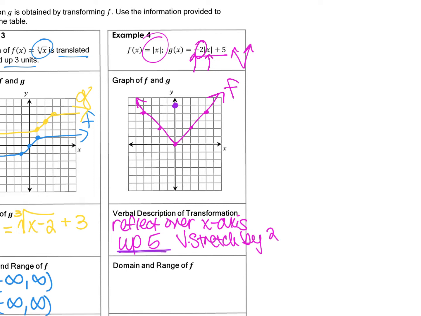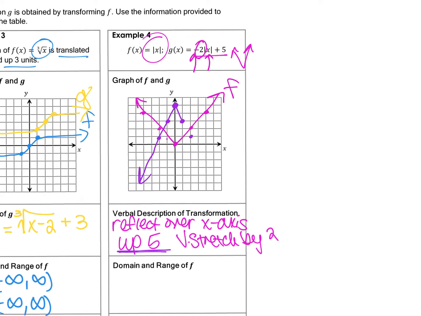But since there's a reflection over the x and our vertical stretch by 2, instead of going right 1, up 1, we're going to go right 1, down 2. Instead of right 2, up 2, we're going right 2, down 4. 1, 2, 3, 4. And then the same exact thing on the other side of your V.